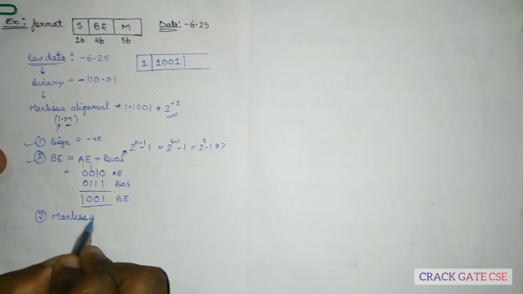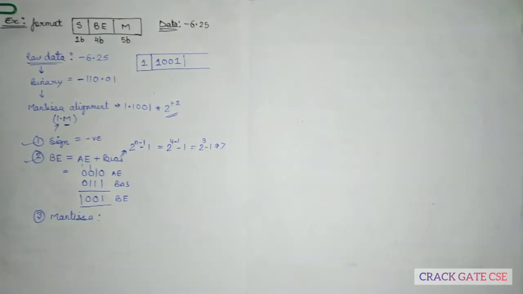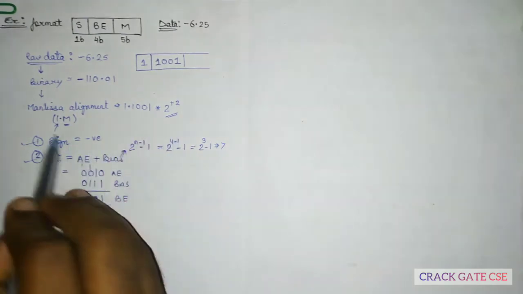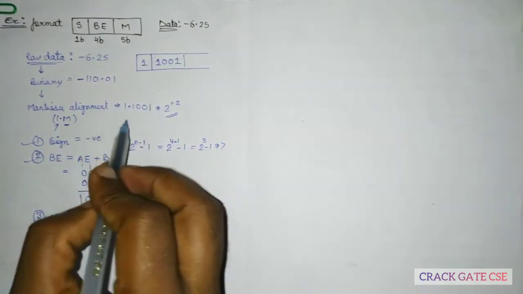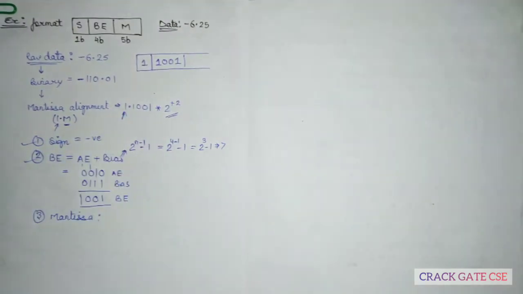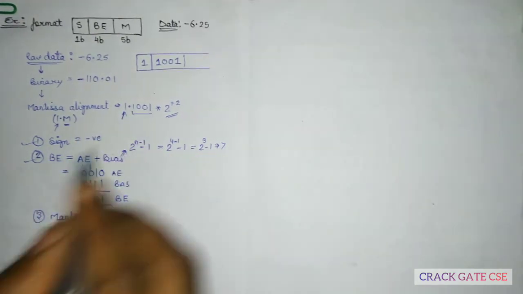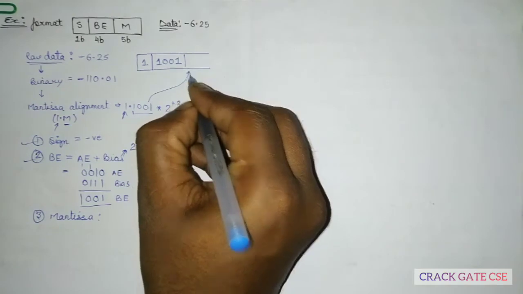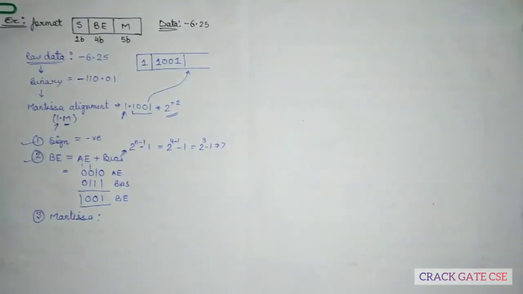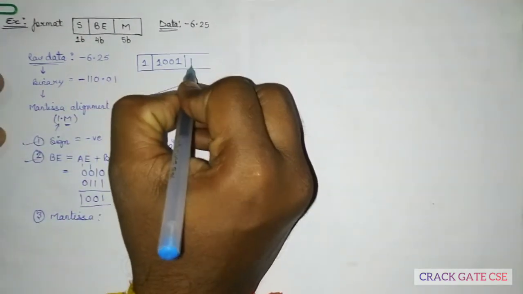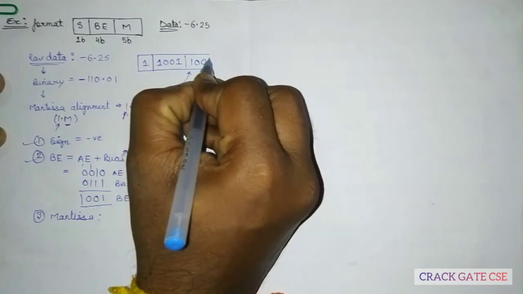That is the fraction part. In the mantissa you do not need to do anything. Just make sure the format is like this: if we have a valid digit along with some fraction after the point, then you can directly store these values in the respective mantissa place. So here it will be 1 0 0 1.